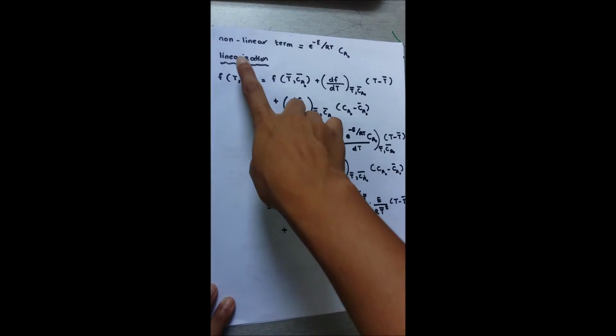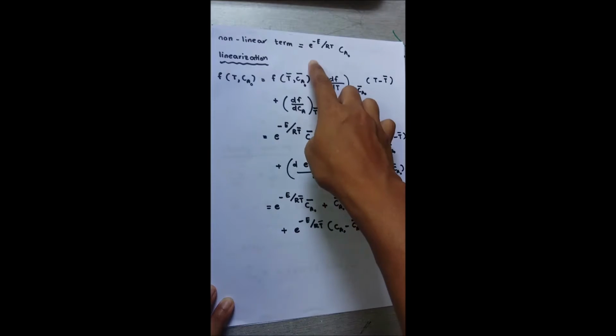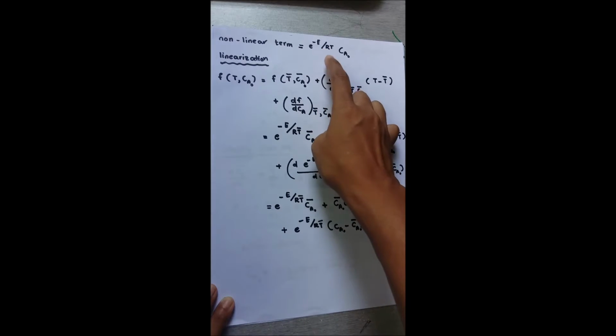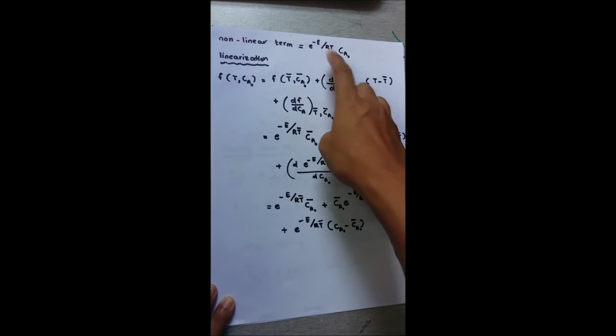From that term, we can find that the nonlinear term is e power of negative E by RT times CA naught. The nonlinear term has two variables, one is temperature and one is concentration.